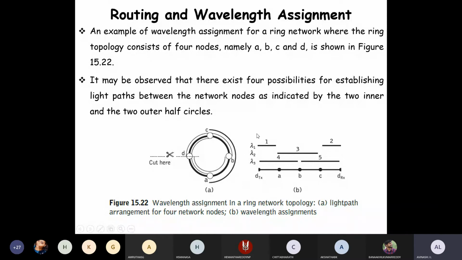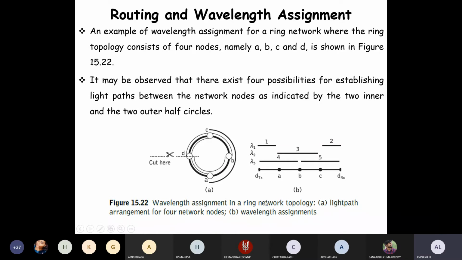In the wavelength assignment, the light path arrangement in the 4-node network is A, B, C, D: from A to B, B to C, C to D and D to A. There is a connection from A to C, a connection from B to D, a connection from D to C, and a connection from A to D. That is also available.